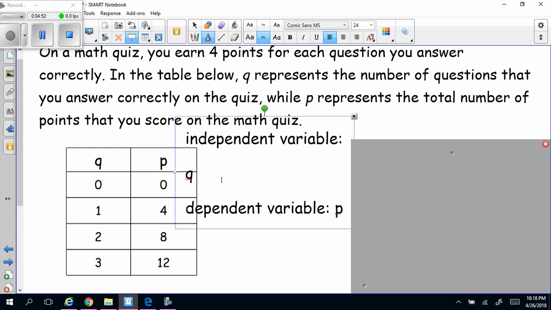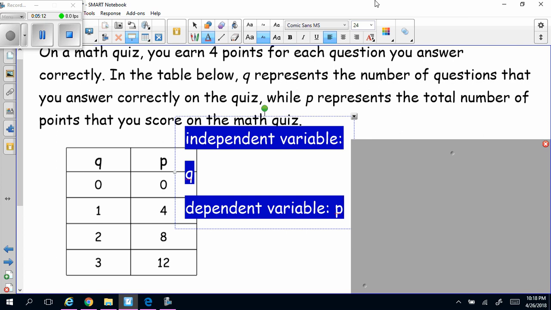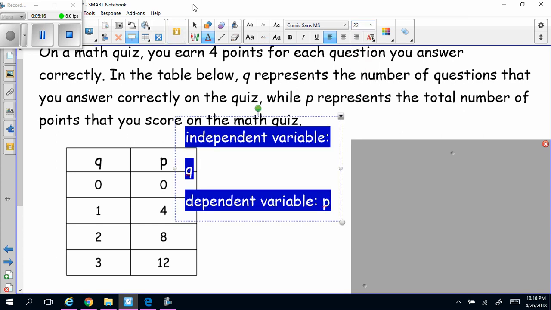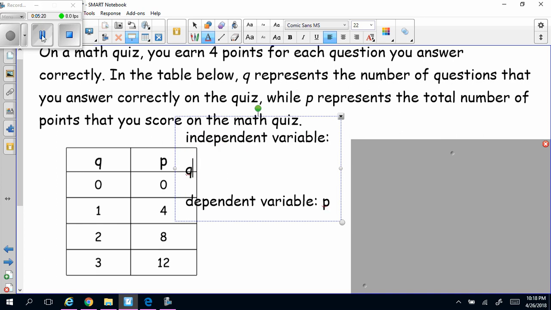So your independent variable is Q, the number of questions you answer correctly, and P represents the total number of points that you score based on the questions you got right. See how P relies on Q to work. So once again, your independent is Q and your dependent variable is P. Go ahead and write this down in your notebook. You can pause the video.